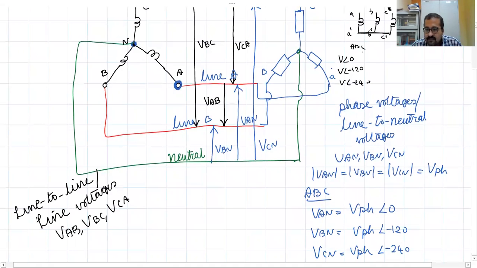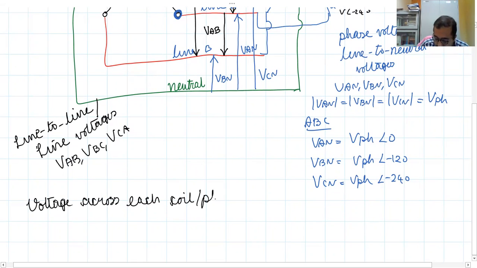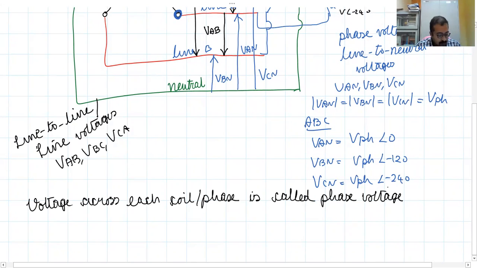So let me write here some points. Voltage across each coil or phase is called phase voltage.